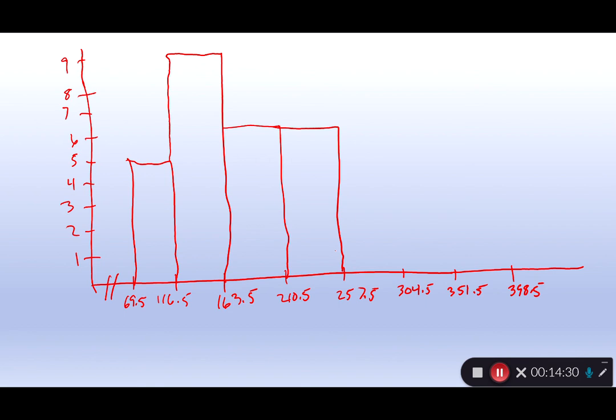Now, a lot of people forget about 0, and they kind of meld the classes together. You need to leave that class open to show that there were 0 in that particular class. So in 304 to 351, I had 1. I'm going to go up to 1, across and down, and I had 1 more over here. So this is the way I would make that particular histogram.